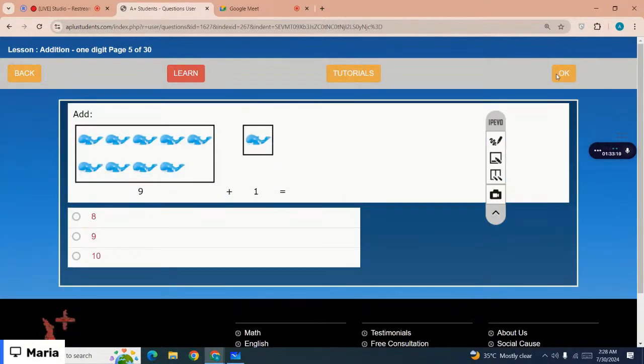Add 9 plus 1. So which is the correct option? Yes, the correct option is 10. 9 plus 1 makes 10.